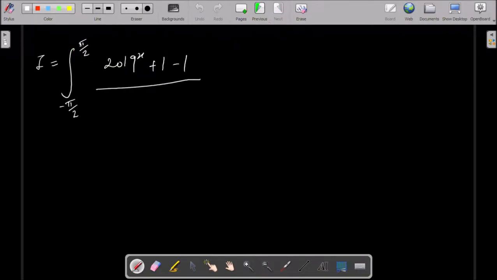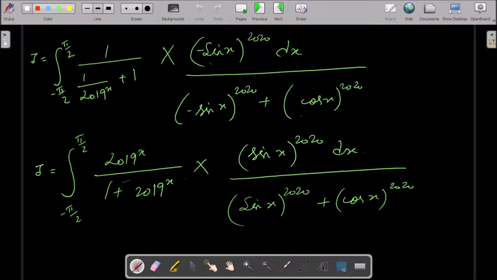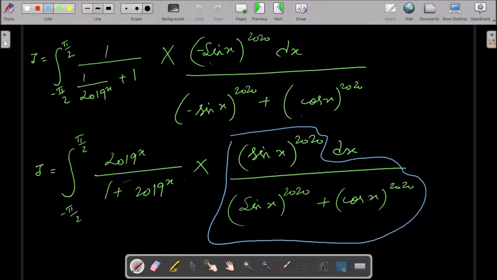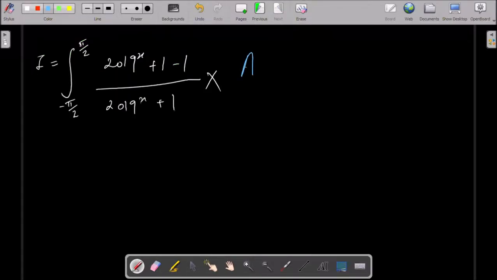Okay, so multiplied by, okay, now something very nice I'm going to tell you, which you can also assume. Let us assume that this part, the blue pen part, is a. Okay, this part is a. So we write like this, a dx.